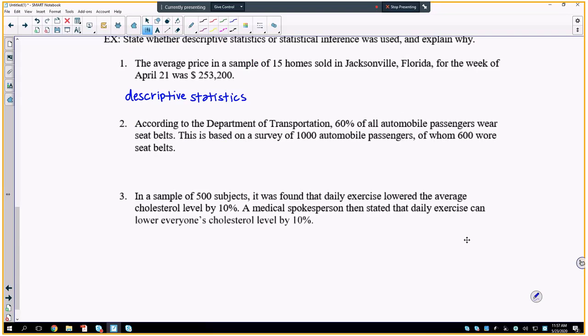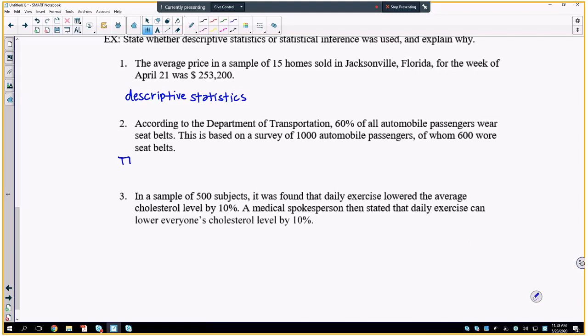The second example: according to the Department of Transportation, 60% of all automobile passengers wear seatbelts. This is based on a survey of 1,000 automobile passengers, of whom 600 wore seatbelts. So this is going to be inferential statistics. Now let me actually write, because we're supposed to explain why.